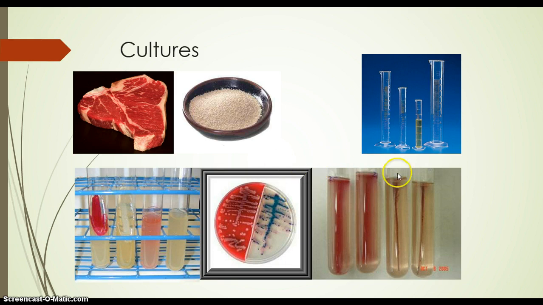So these are the two ways that you can describe medium. What you do is you combine these, so you have a complex medium that is also a plate, or a defined medium that is a slant, or something like that.